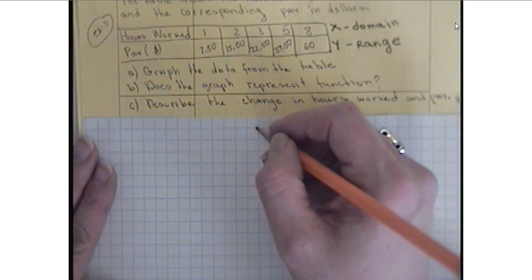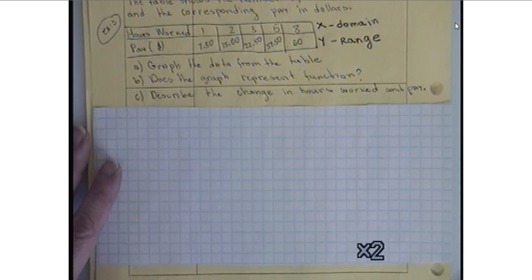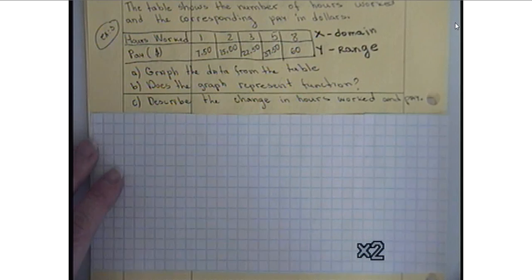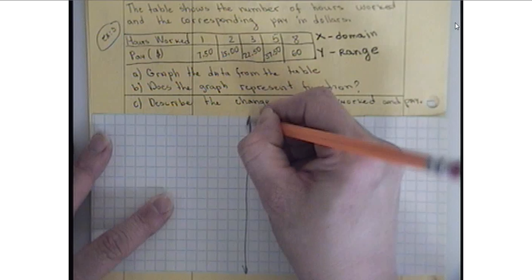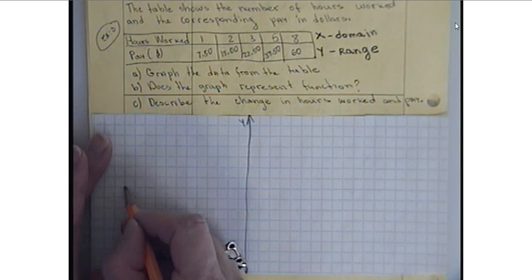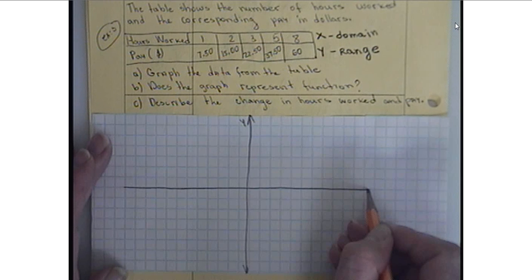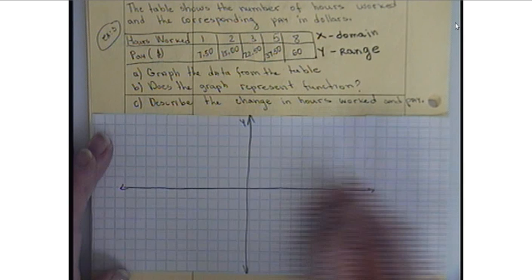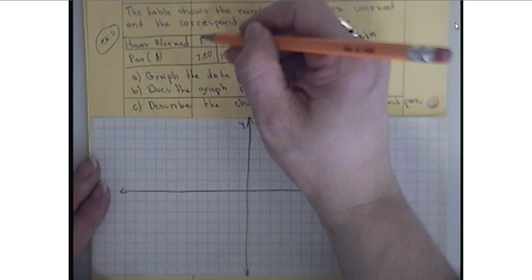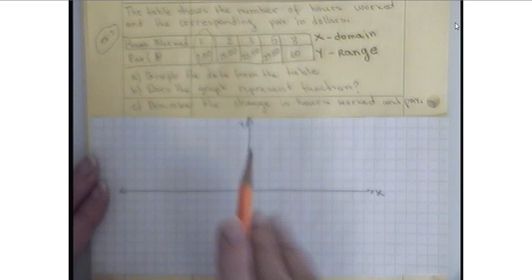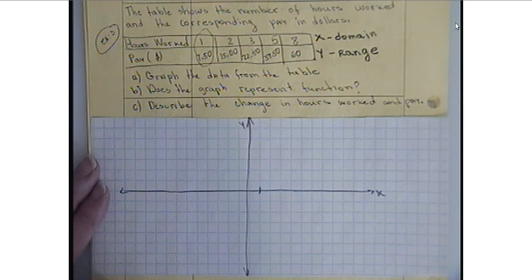So I'm going to just pull up a little bit through the top and minimize that a little bit so we can do the graph together. Again, this will be your Y coordinate. This will be your X coordinate. Okay, so think about this as one point. X domain is 1 and Y range will be 7.50.